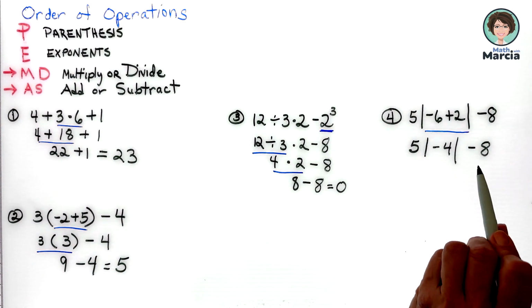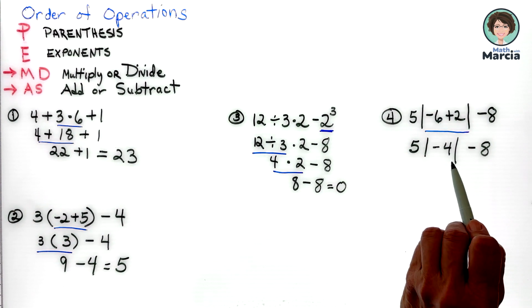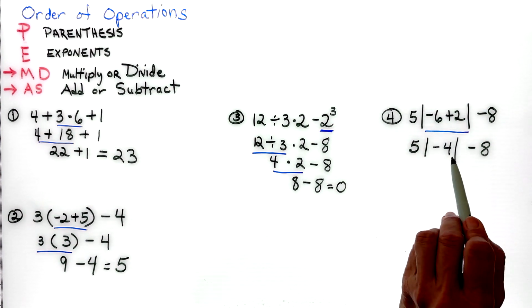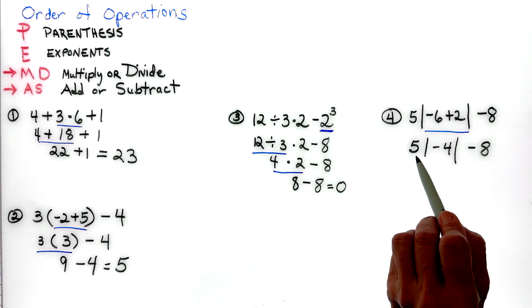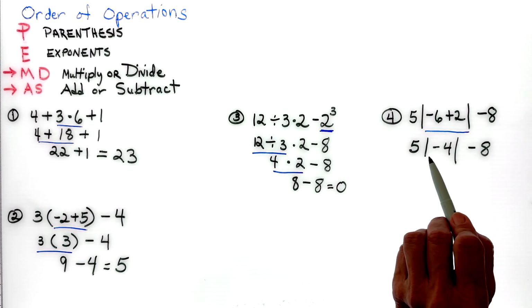Remember, this is still in a parentheses, we simplified what was inside, but it's still a parentheses. So now whatever comes out of an absolute value symbol means that the answer will be positive because it's a distance from 0. And when we have this 5 right next to the symbol, that's just like a parentheses. It means we're going to multiply it.